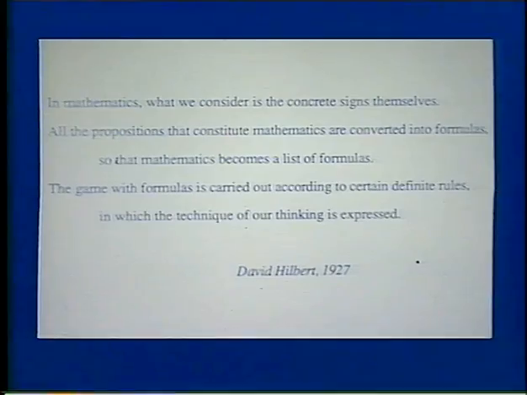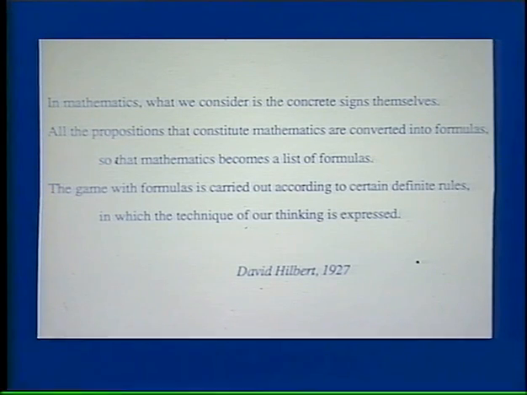And Hilbert's idea was, suppose we translate all of mathematics into a precise notation, then we can analyze what are the rules for manipulating this formal language. What are you allowed to do as a mathematician and what's forbidden? Here are some remarks he made about this in 1927.